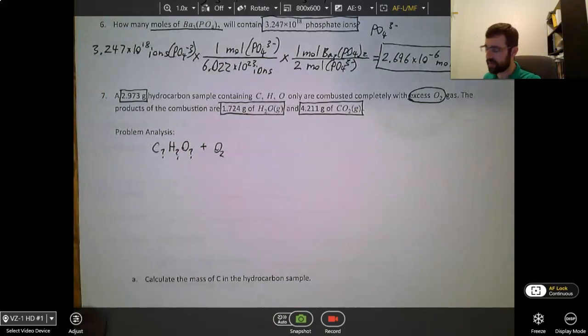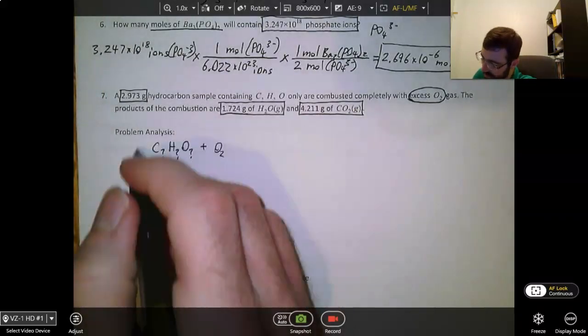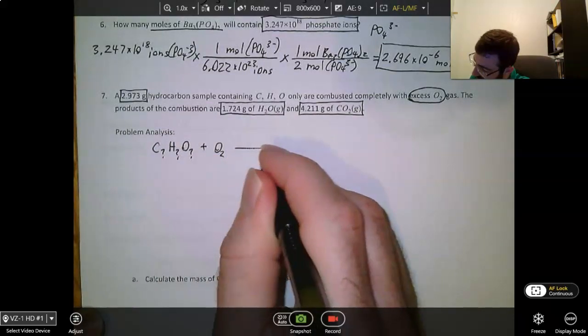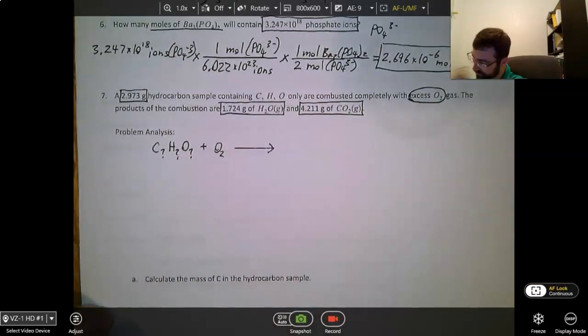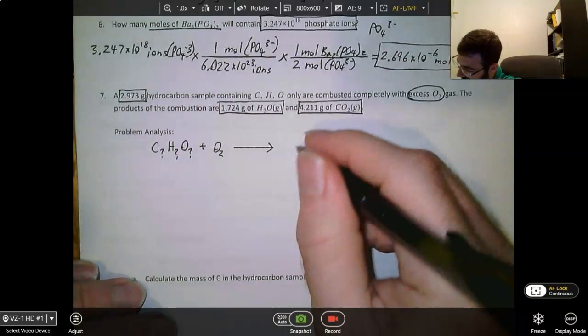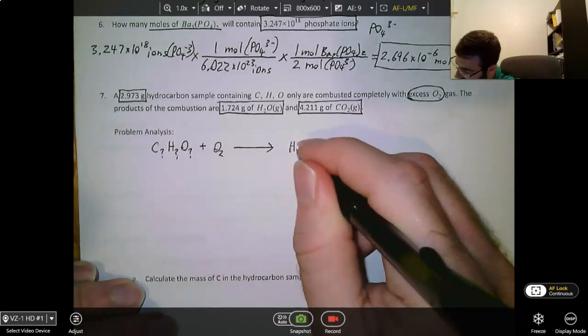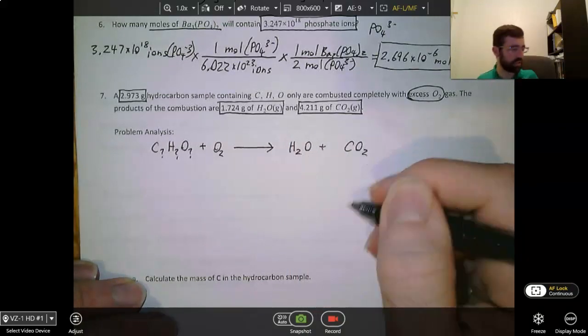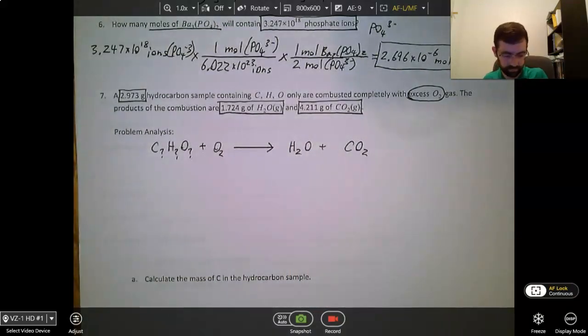I have more than enough of that. And it gives me H2O and CO2. All right, that's our first part of our analysis. That's kind of our starting point.